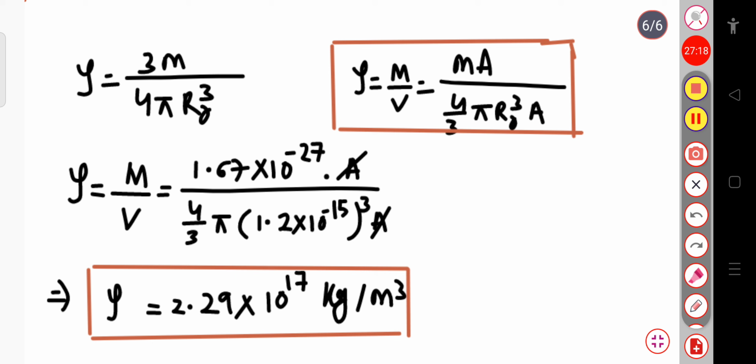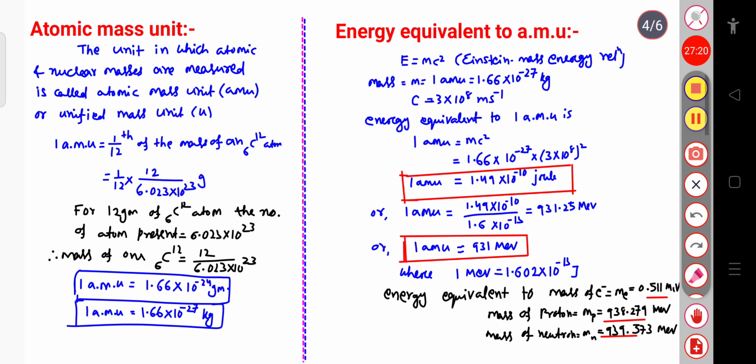So in this lecture we have studied what the atomic mass unit is. That is the nuclear mass unit or the atomic mass unit, which is 1/12 of the mass of the carbon atom, and its value is 1.66 into 10 power minus 27 kg. And the energy equivalent to 1 AMU is 1.49 into 10 power minus 10 joule, that is simply 1 AMU equal to 931 MeV.